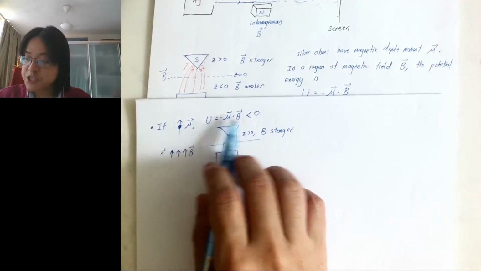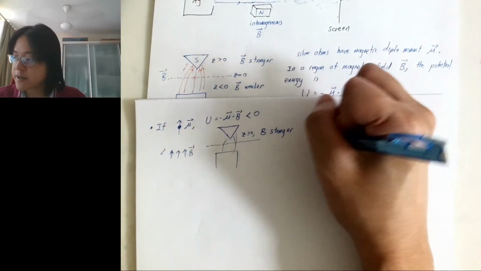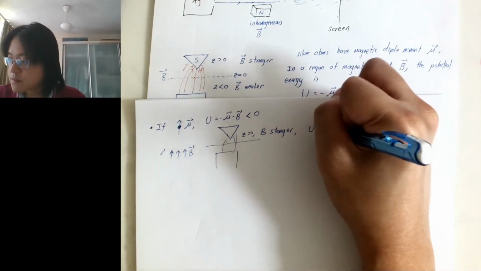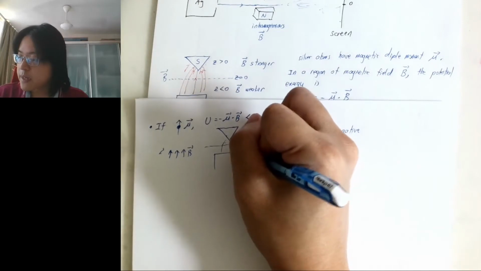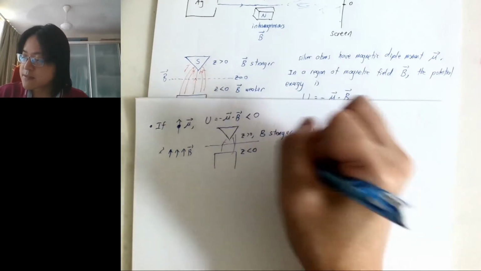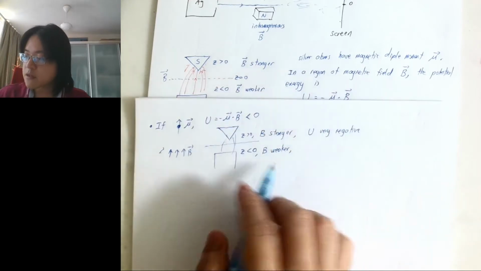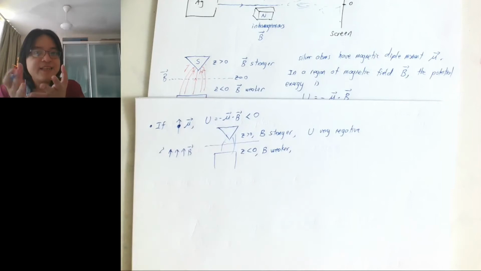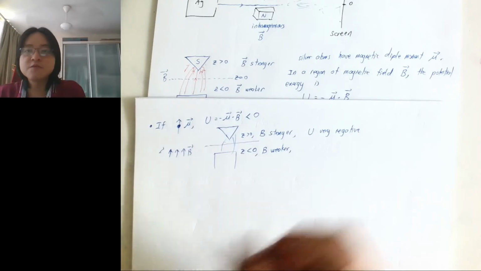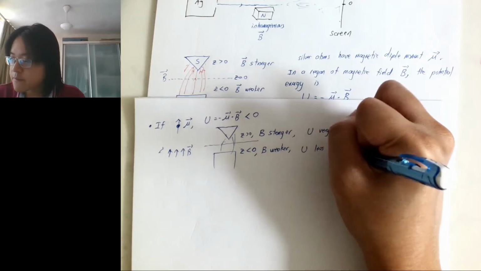U has a larger magnitude but is negative, so U is very negative. On negative Z, my magnetic field is weaker than above, so U is a negative number but less negative, closer to 0.